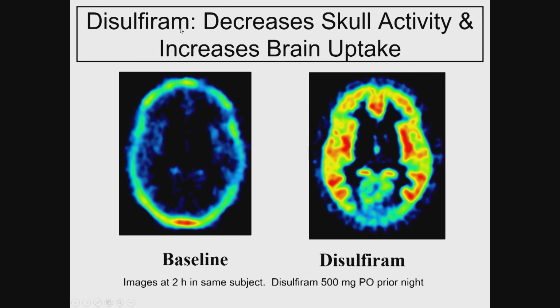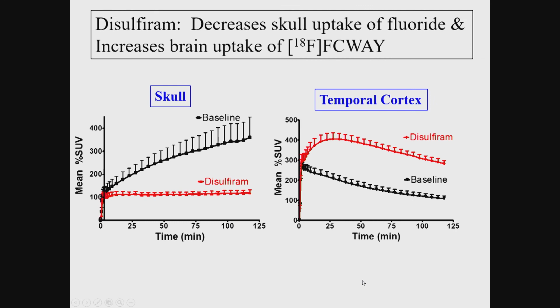So we gave the disulfiram the standard sobriety dose, 500 milligrams on the night before, and it was just a dramatic effect. We could block the defluorination, block the uptake in the skull, and deliver more into the brain. So here are the time activities for that. You can see that disulfiram, looking at it in the skull, just virtually blocked all the uptake in the skull because it was blocking the defluorination.